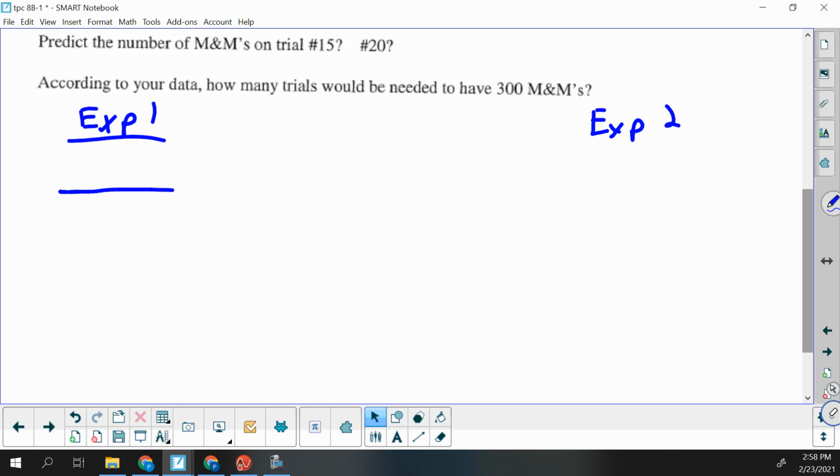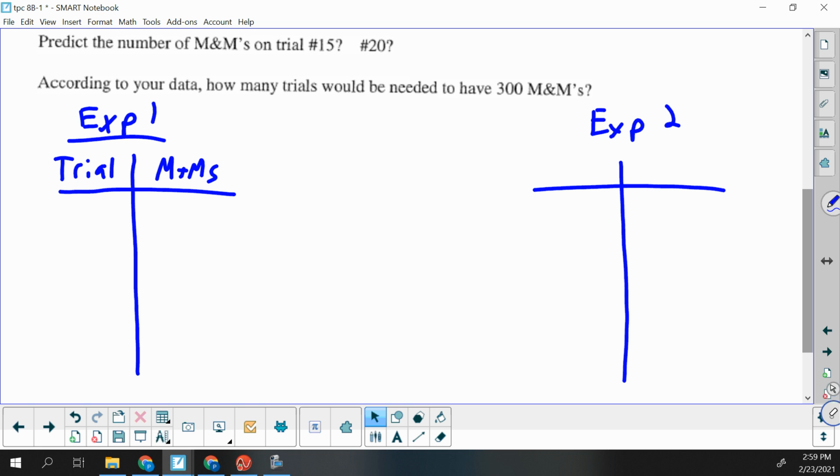And you're going to create a t-table for each of those. So in the X column, we're going to label it trial and then M&Ms. And you'll do that for experiment 2 as well. So trial and M&Ms.